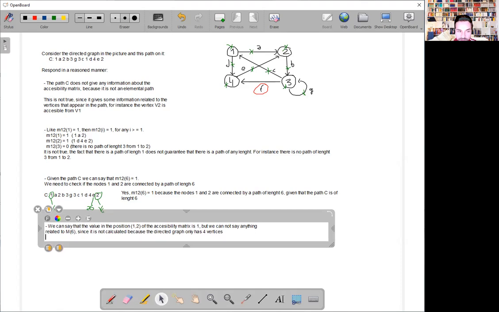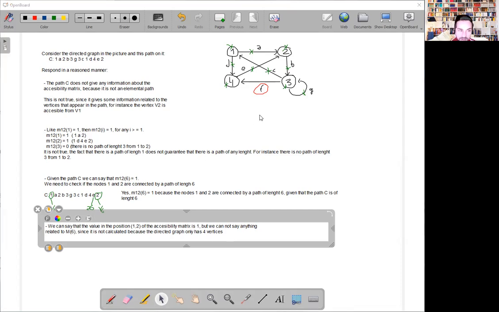The last question is, we can say that the value in the position 1, 2 of the accessibility matrix is 1, but we cannot say anything related to the accessibility matrix of order 6, since it is not calculated because the directed graph only has 4 vertices.